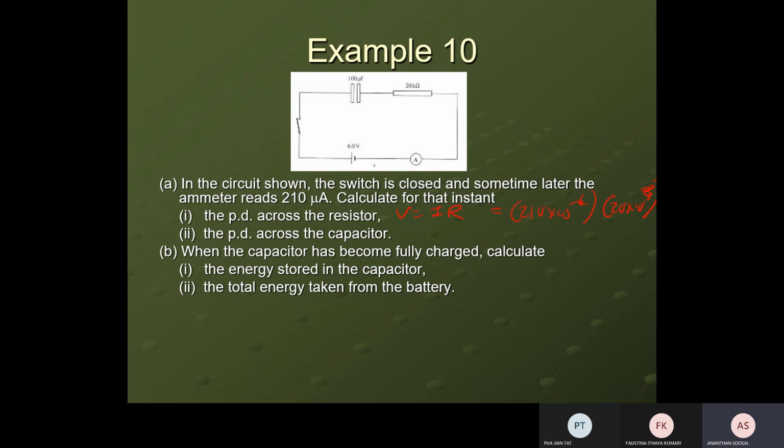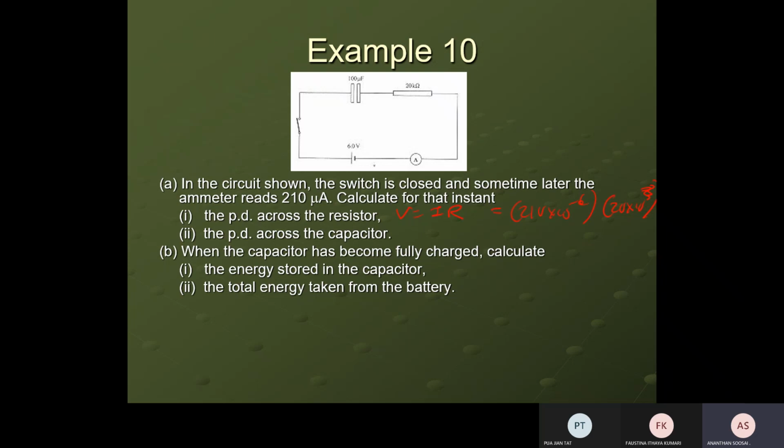How do you get the PD across the capacitor? At this moment, 210 microampere current flows. What is the total PD? 6 volt. So, Kirchhoff's second law: the total EMF is the total PD across all, in this case, the resistor and the capacitor.